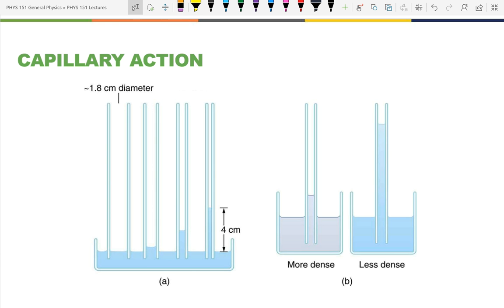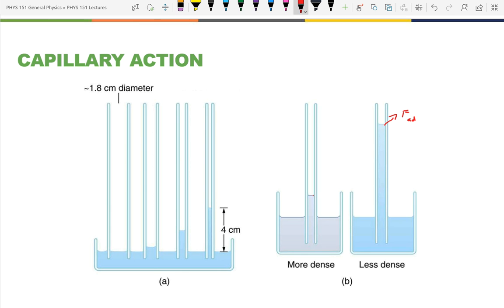What's going on is we have a force of adhesion between the wall of the glass and the water. And just like the surface tension force, that force is in the direction that's pulling upward. So I'm going to call this force adhesion. And it's a force that's going around a circle, right?